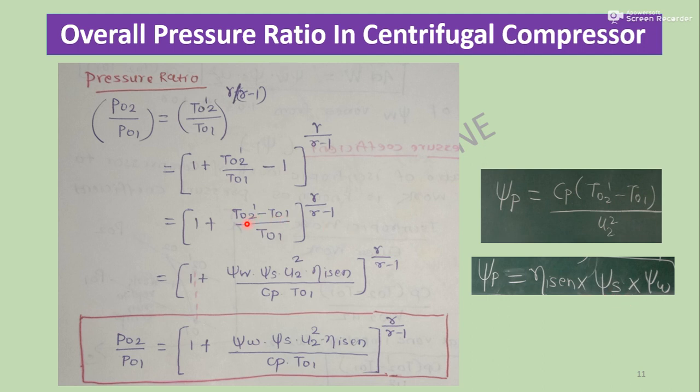So in place of T02 dash minus T01 comes psi w into psi s into U2 square into isentropic efficiency, divided by Cp into T01.